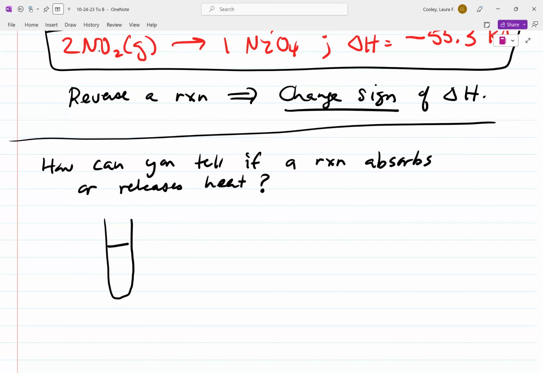Now I want to say that we talk a lot about this thing called the system. And I want to make it clear that the system is the reacting chemicals. The solvent is actually not part of the system. It's part of what we call the surroundings. The surroundings is really everything else.